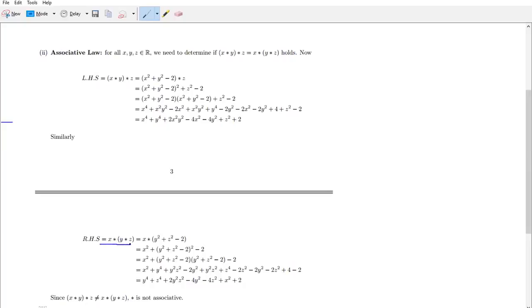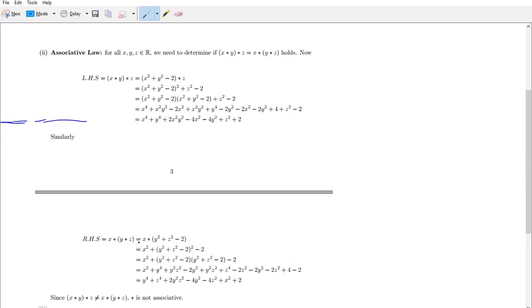So now you work out your right-hand side. You first leave your x star like that, and then where there is y star z, you replace it with y squared plus z squared minus 2.